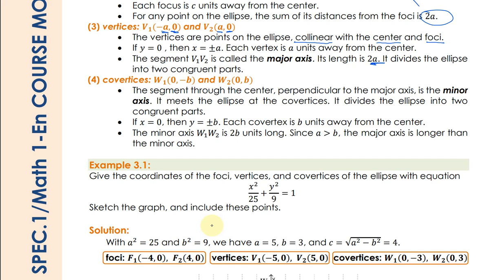So first thing to do is we are going to identify the standard equation, no? Unsa ganitong standard equation? That is x squared over a squared plus y squared over b squared is equal to 1. So ingani jud ko always mag-solve.